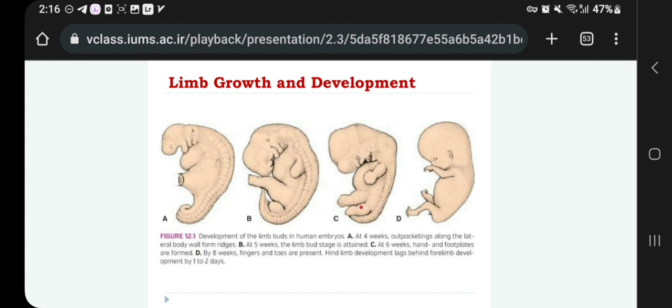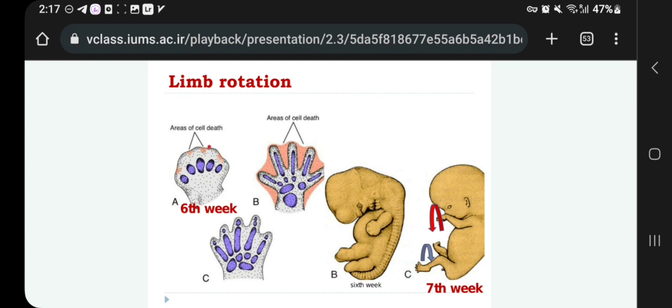But what happened for the foot plate and hand plate? As I told you, the apical ectodermal ridge is in the distal part of the limb bud, here. You can see the blue part is a cartilage, that appears in the 6th week.